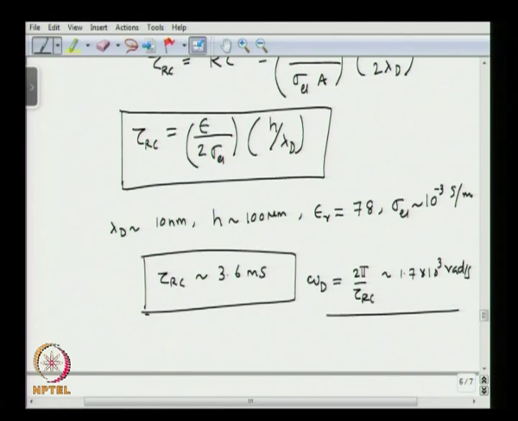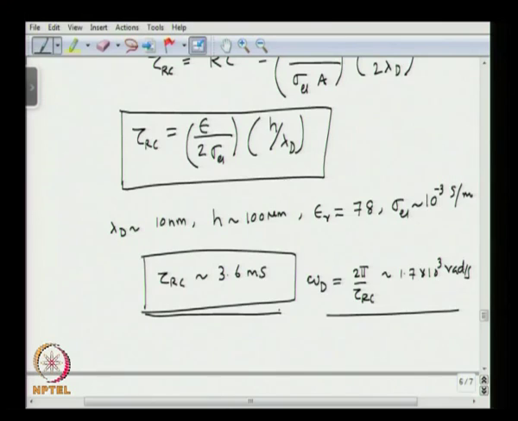Okay. So from this characteristic time constant, what we understand is that if you have a process, let us say you are trying to use AC electroosmosis, if the frequency of the applied voltage is such that the time available for the Debye layer to form is less than 3.6 millisecond, then the Debye layer will not be able to form. Okay.